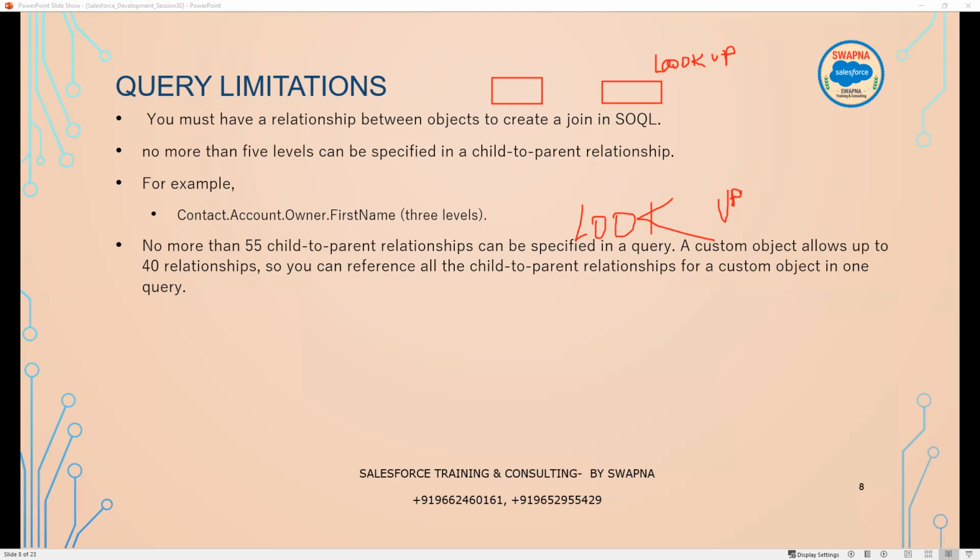What are the limitations to create a lookup field? How many lookup fields can be created per object? 40, right? So we can create 40 lookup relationships.